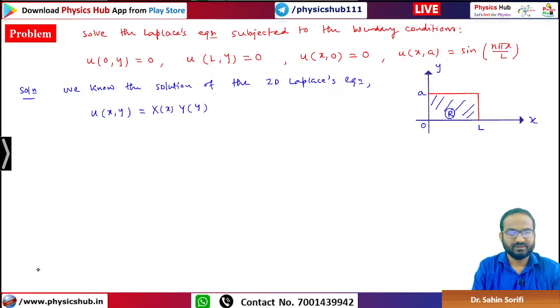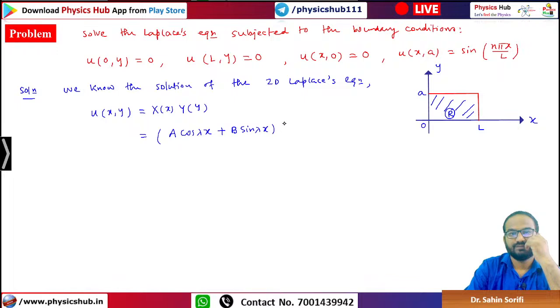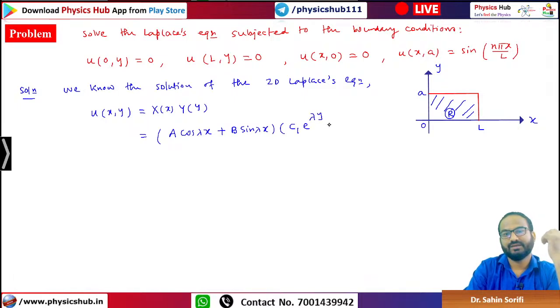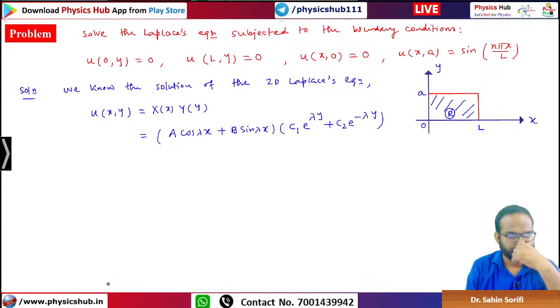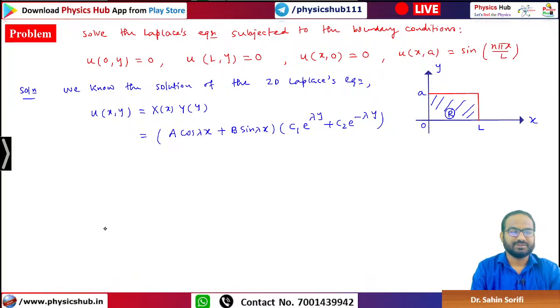X of x was given by a cos lambda x plus b sin lambda x, and Y of y was given by c1 e to the power lambda y plus c2 e to the power minus lambda y. So this was the solution we derived for the two-dimensional Laplace equation.